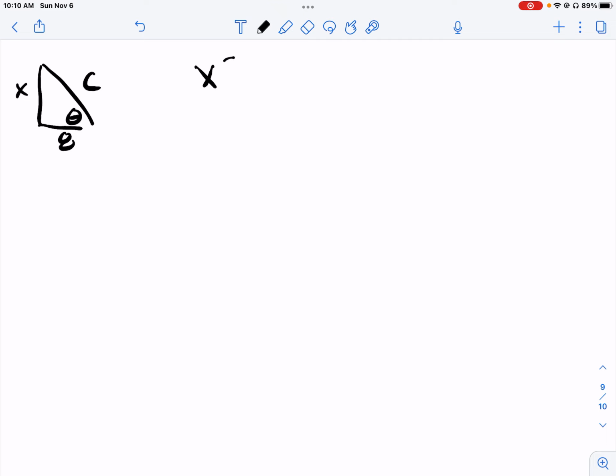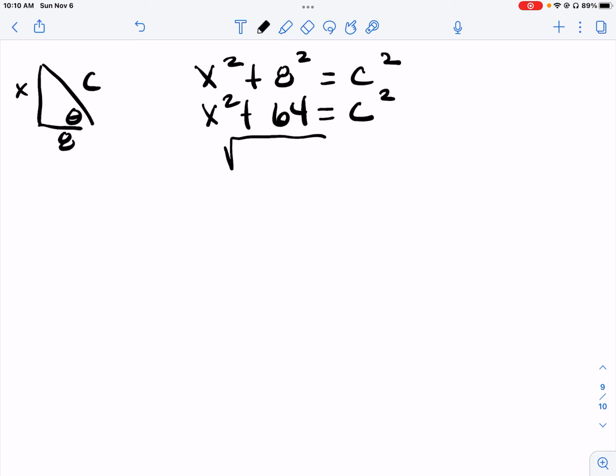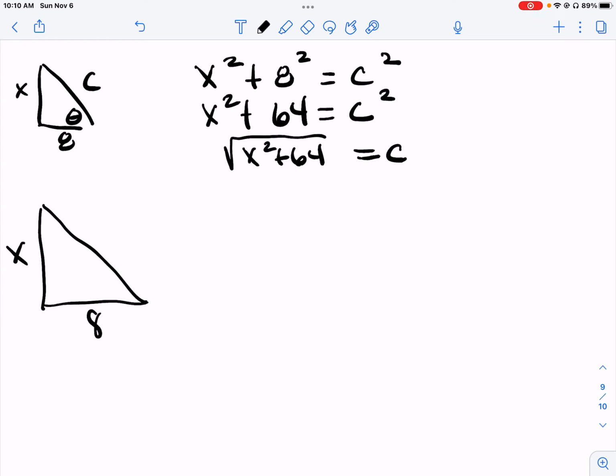We know that x squared plus 8 squared equals c squared. 8 squared is 64. We're trying to find what the hypotenuse is, so the hypotenuse is the square root of x squared plus 64.